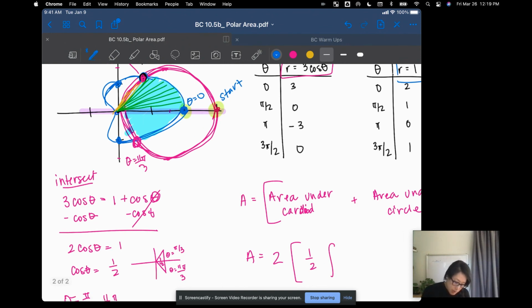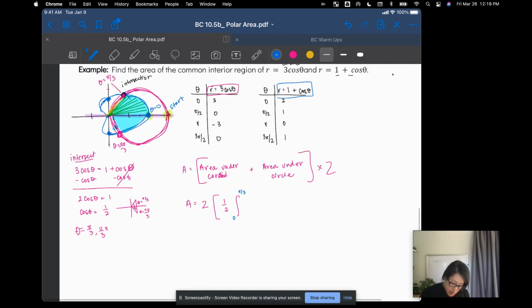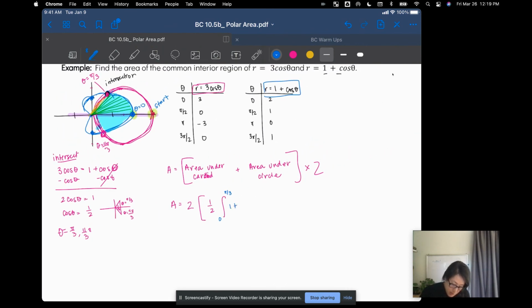And we're going to swoop and get the area till the intersection, which is pi over 3. So I'm going to get the area from 0 to pi over 3 of 1 plus the cosine of theta squared d theta.